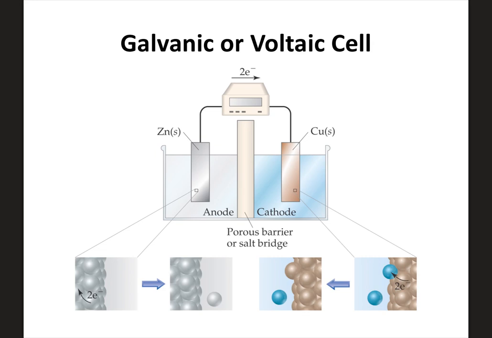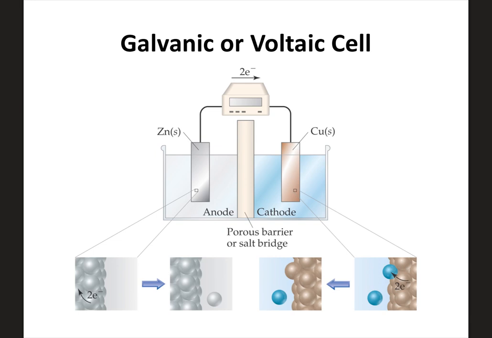This picture is showing that same voltaic cell we just looked at, but on a molecular level now. So you need to see here and you need to understand that on the zinc side, on the anode side, that's where oxidation is occurring, or the loss of electrons. So you need to understand that the zinc metal is losing electrons here up through the wire.